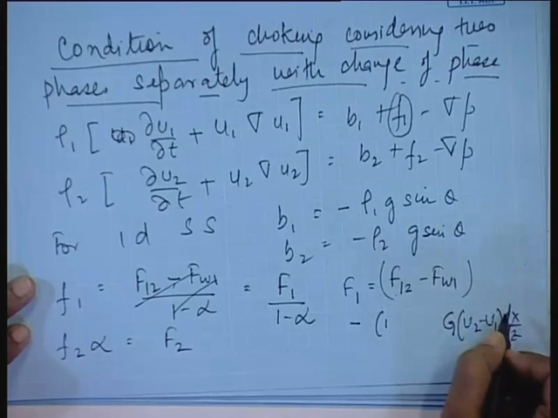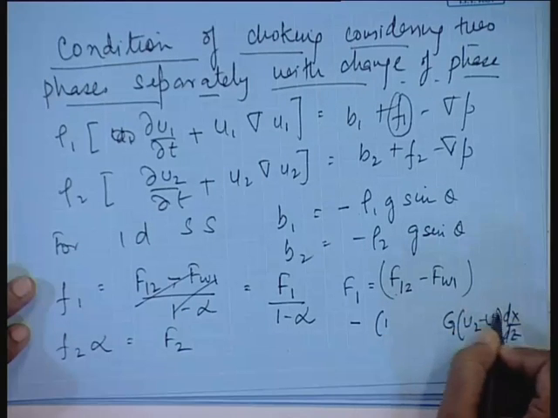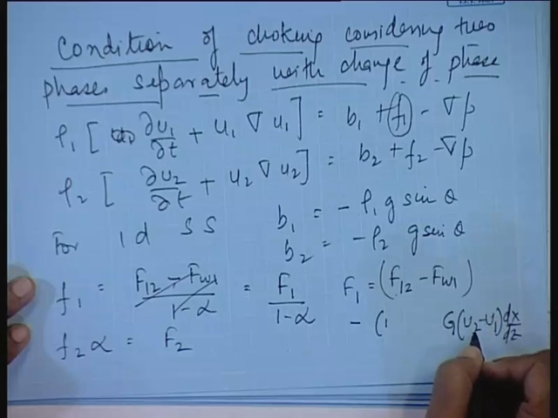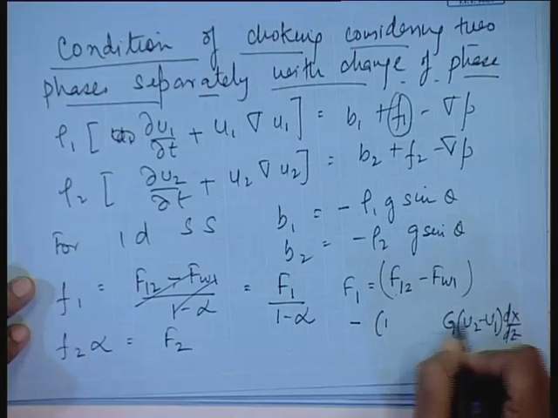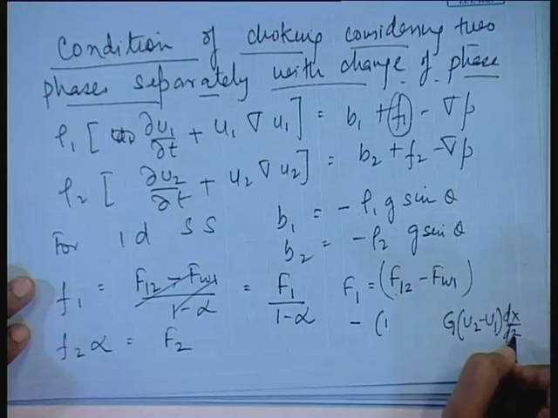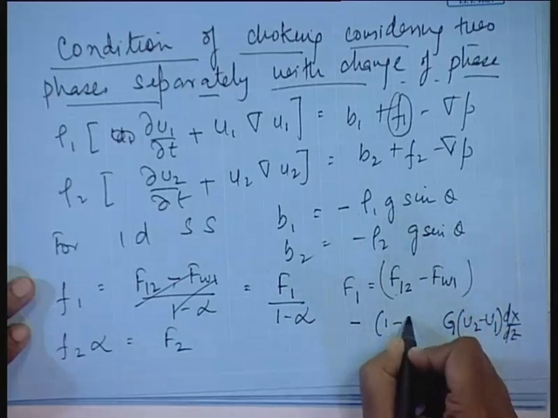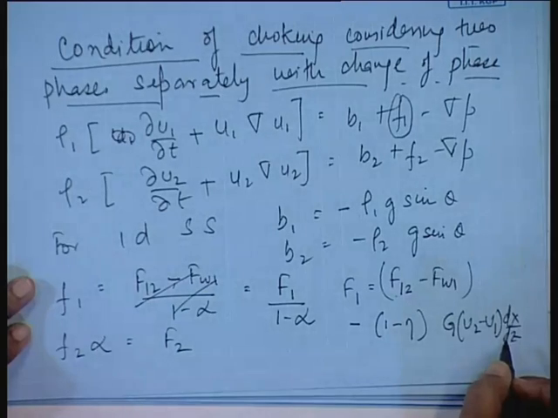G dx dz was the mass rate of evaporation, into U2 minus U1, which was the velocity change which occurred due to phase change. You remember those things we had done already? This was the mass rate of phase change, G dx dz. That into U2 minus U1 gives us the total force which is associated with phase change. Okay? And out of this total force, we had assumed that 1 minus eta of the total force goes to phase 1 and eta amount of the total force goes to phase 2.